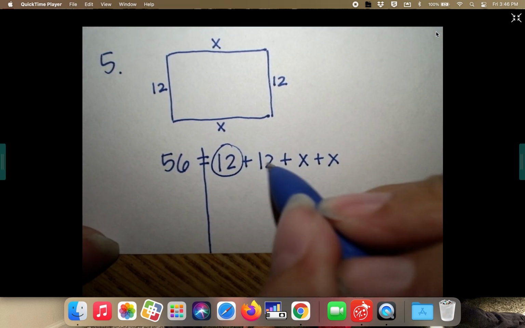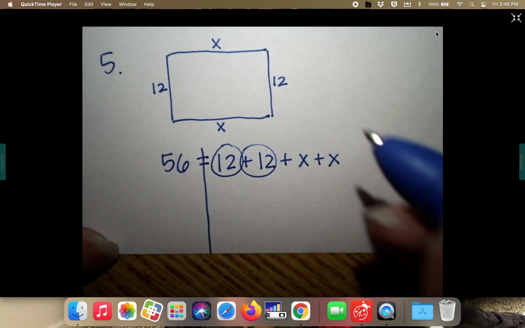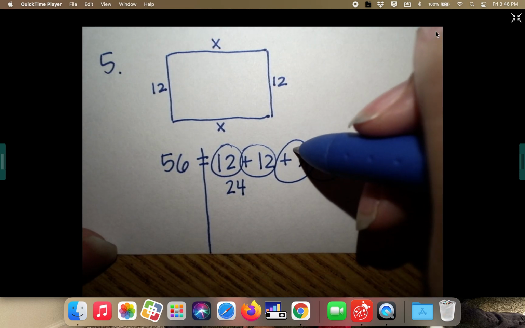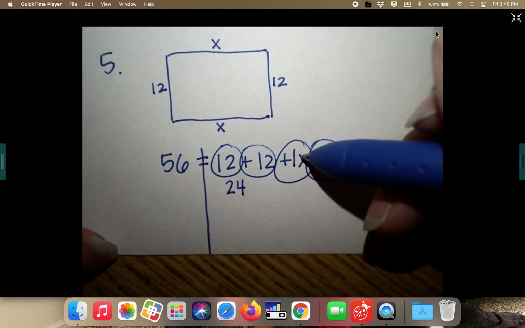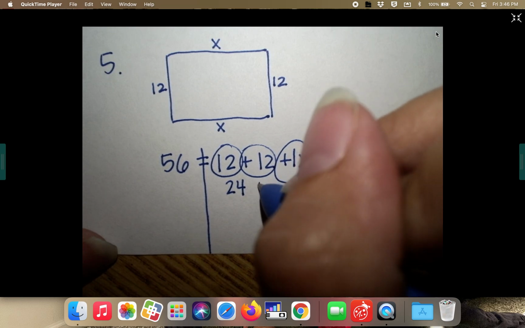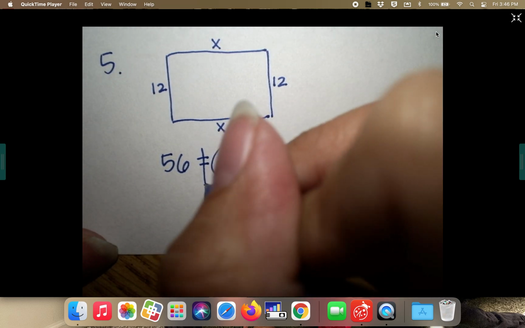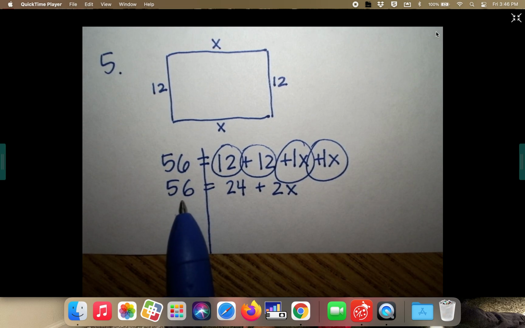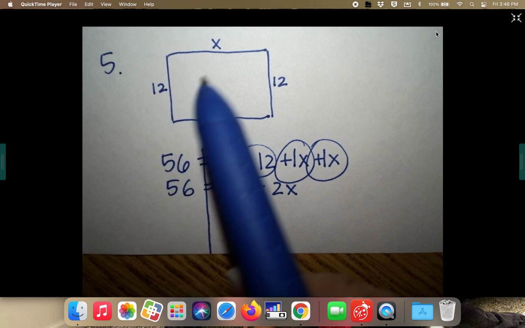So if I combine these two, 12 plus 12 is 24. And if I combine these two, x plus x, by the way, that's a hidden invisible 1. So 1x plus 1x is plus 2x. So we know that the entire rectangle has 56 feet of fencing, and 24 makes up these two.